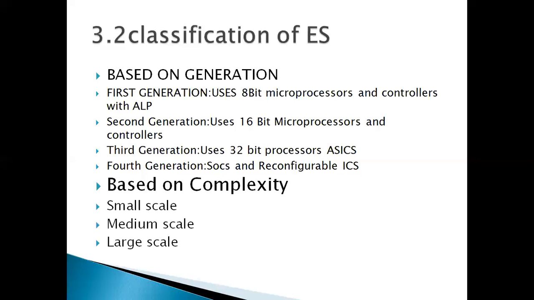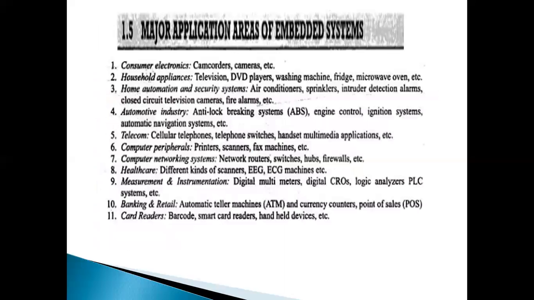Instead of processors, microcontrollers and application specific integrated circuits are used, and they are programmed with high level language. Large scale embedded systems included advanced application specific integrated circuits, system on chip ICs, and reconfigurable ICs for manufacturing the embedded system. So that is the classification of embedded systems.